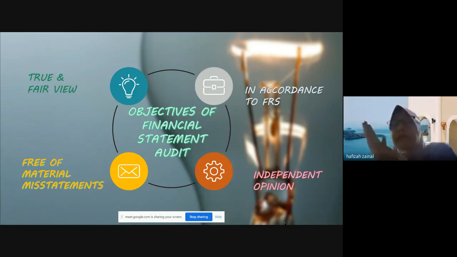And then the fourth objective is the independent opinion, meaning that when we provide our opinion, we are independent because we are an external auditor. Basically, when we accept the client, we have no interest. That means there is an absence of conflict of interest between the audit firm and the client, because if you have a conflict of interest, by right you should not accept the engagement.